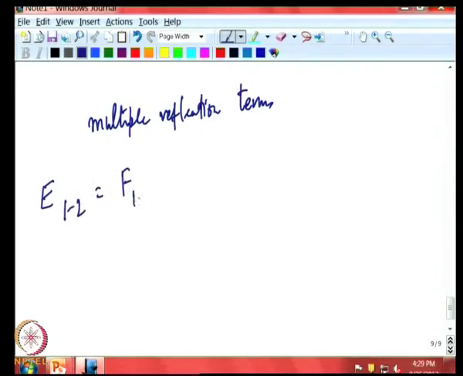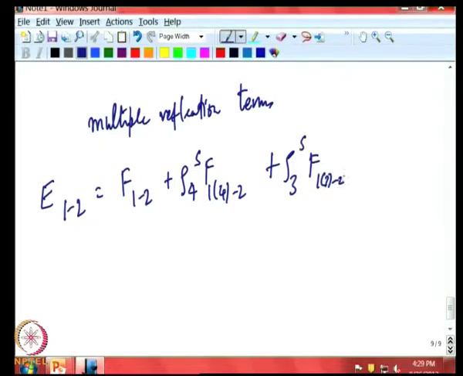So, this is the first term, this is similar one for reflection surface 3. Okay. Now, come the multiplication terms, rho 4s, rho 4, rho 3s. And the image of 1, 4, 3 to 2.